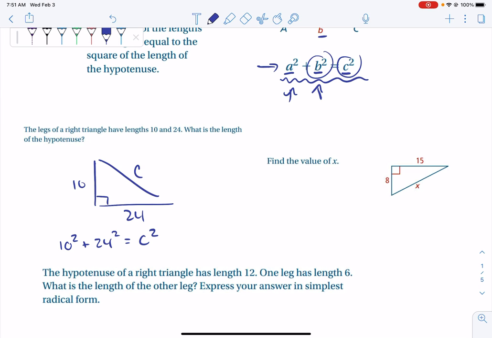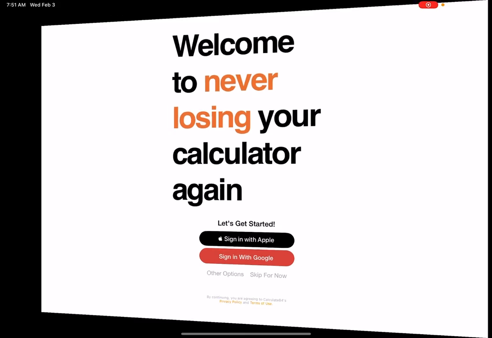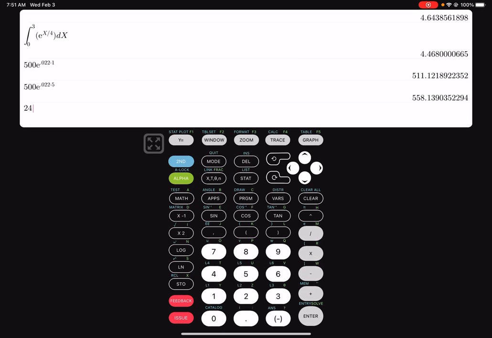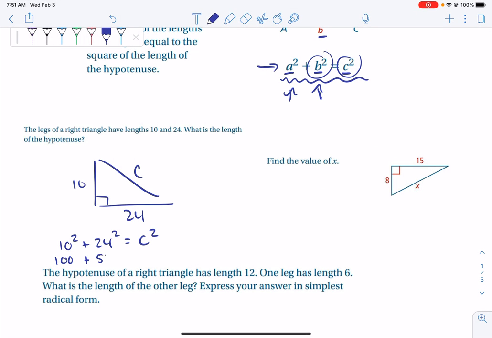So if I do 10 squared, I get 100. If I do 24 squared, I don't know what that is. 24 squared is what, 576? So 100 plus 576 is equal to c squared, which means that 676 is equal to c squared.